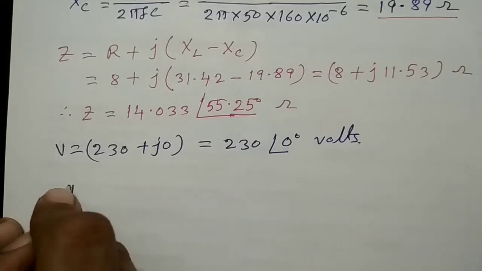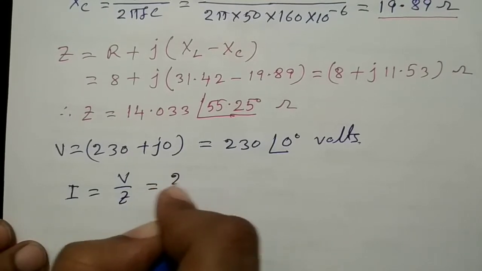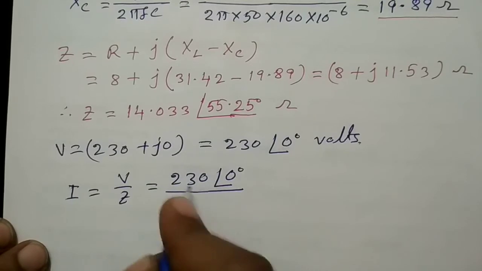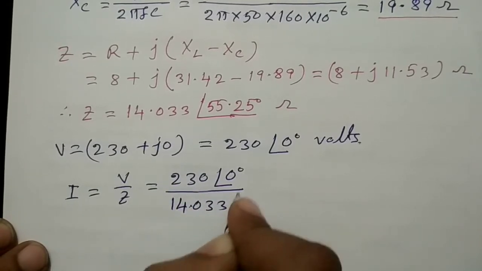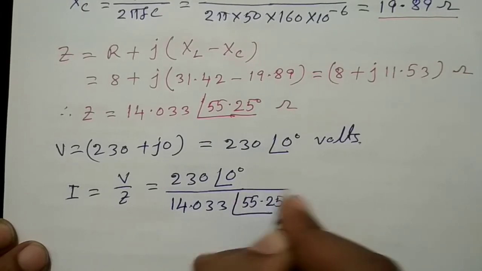So the current is voltage upon impedance, 230 angle 0 degree upon the impedance, which is 14.033 angle 55.25 degree.